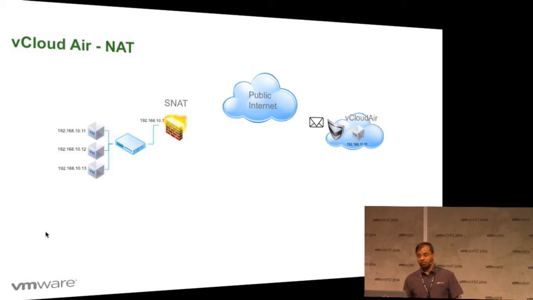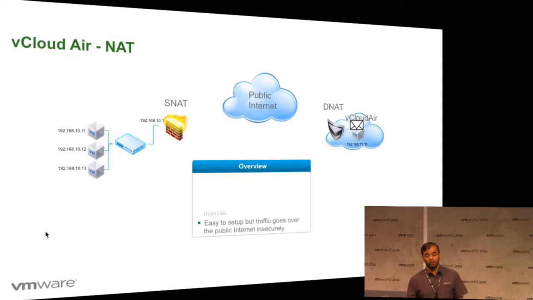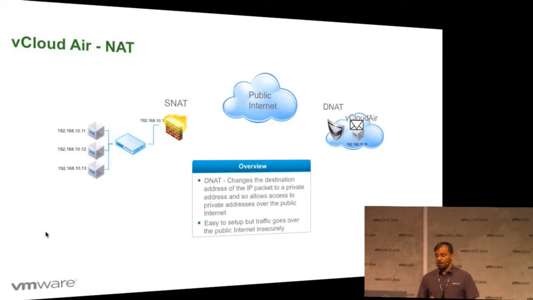It will get into VCHS, or vCloud Air, I'm sorry for that, and it will apply a DNAT rule along with firewall rules that are in place that will allow the flow to go in. So the traffic will then reach our virtual machine. As I said, the downside is there's no protection on that flow. So if we are not using protocols that offer protection, the traffic will go over the internet in clear text.